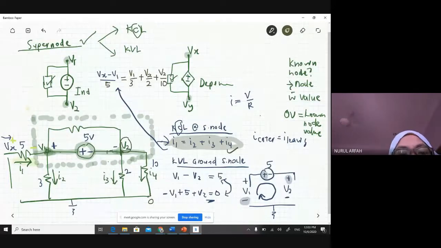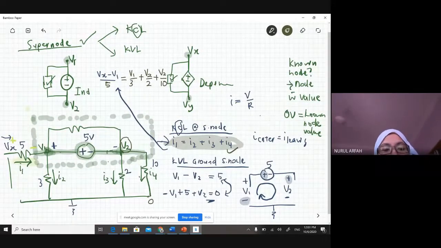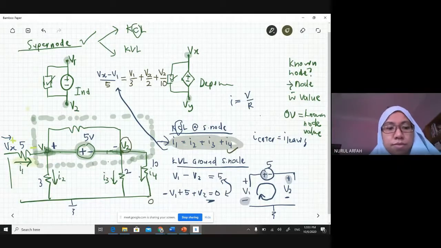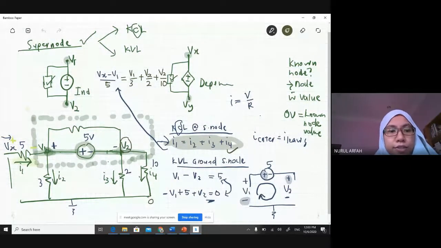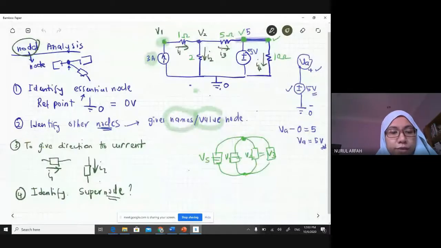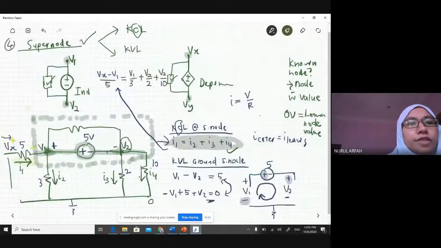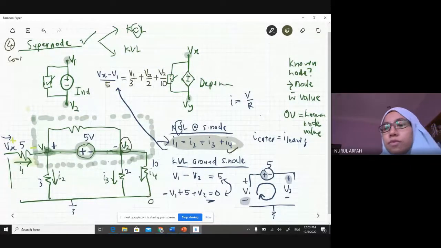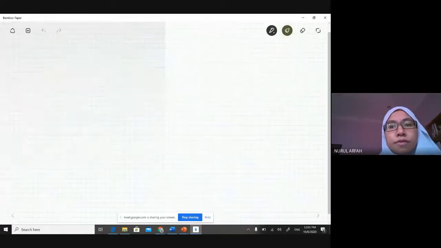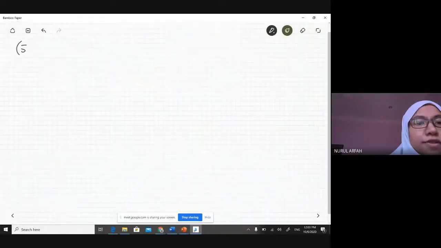So far so good. Do you have any questions? And this is step number 4, right? Number 4 is to identify the supernode. So this is number 4. Still number 4. Continue. So last, number 5.